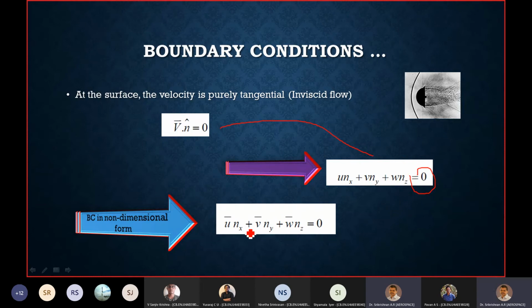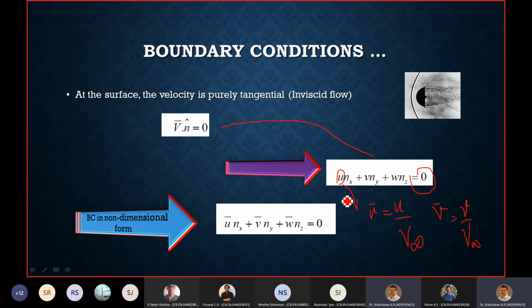Now, I'm not interested in u, I'm interested in u bar, because I want the whole thing in non-dimensional flow. So u bar is u by V infinity, and similarly v bar is v by V infinity, the mainstream flow, which is aligned along the central line of the domain.